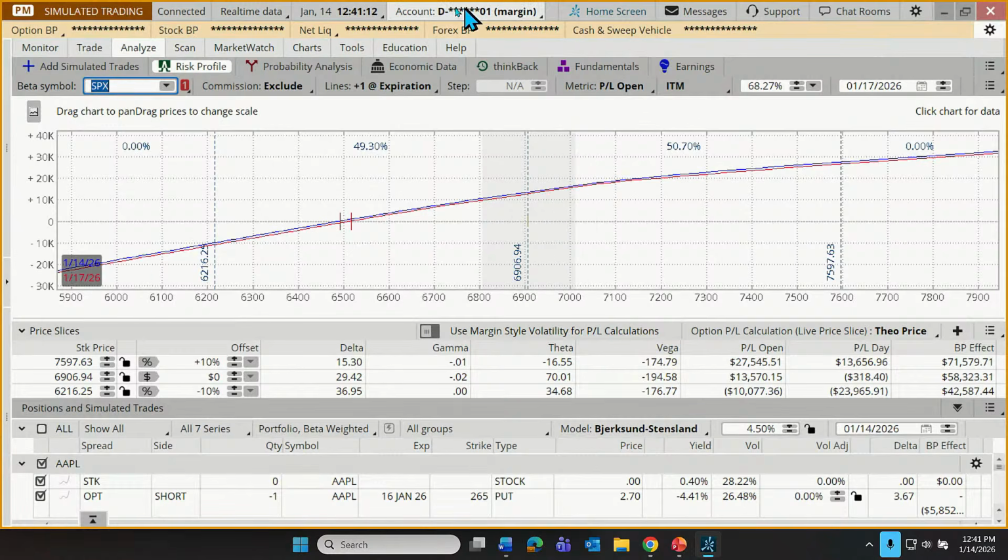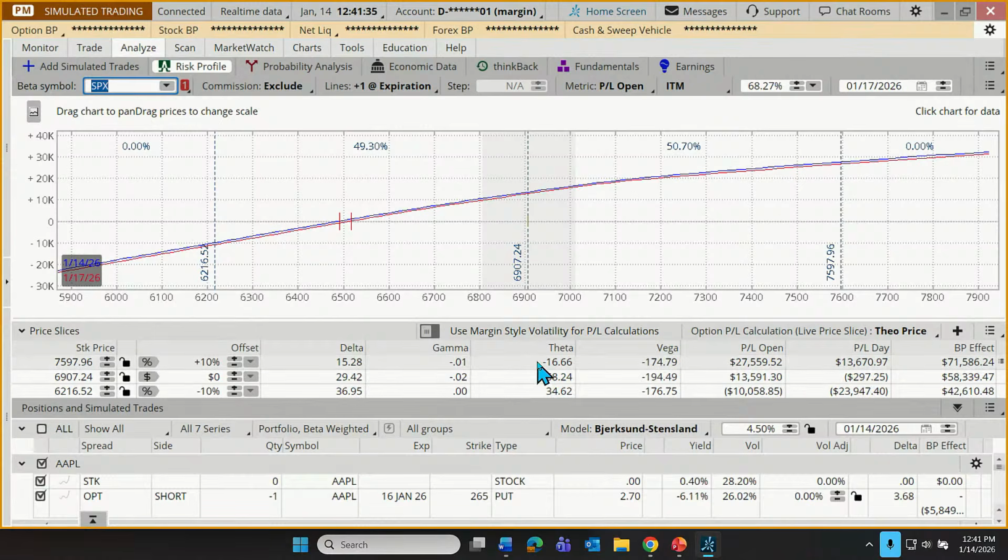In this case, it's the margin account in my simulated, in my paper money account. Now, what can you tell me without even looking at the positions within this portfolio? Yes, they're listed down below. I could scroll down through them if I wanted to, but someone who's not familiar with this current structure of this portfolio could make some pretty clear observations.